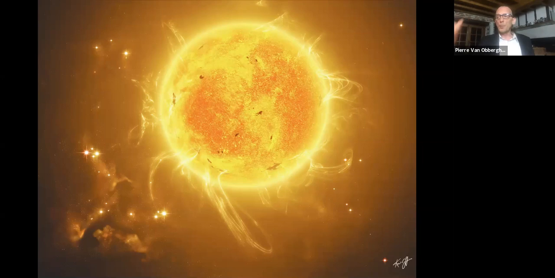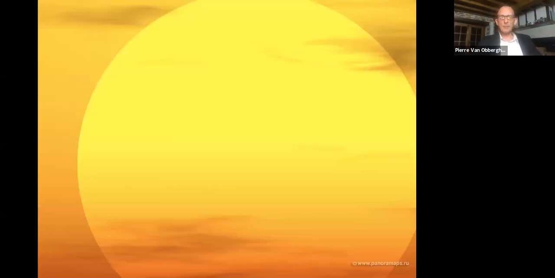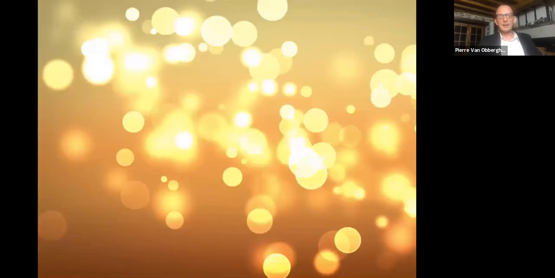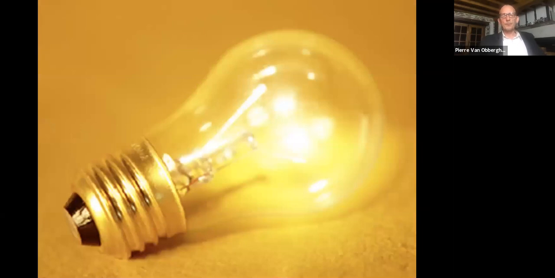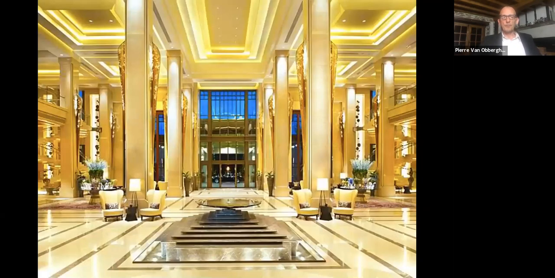So let's have a look at some of the yellow color and the light. People who like yellow like to be in a place where it is bright, where there is not too much darkness. They need a large window with light.